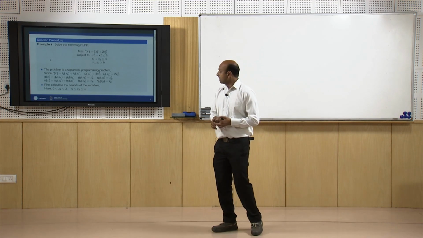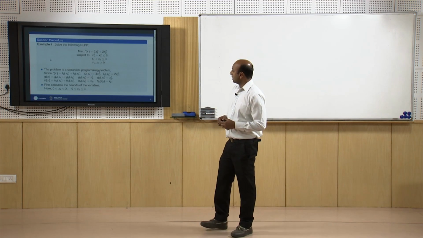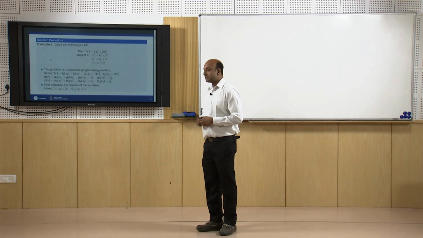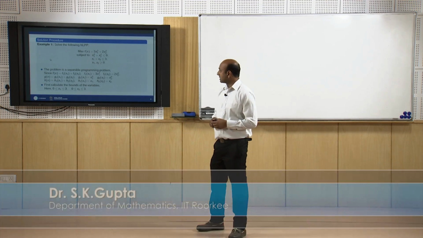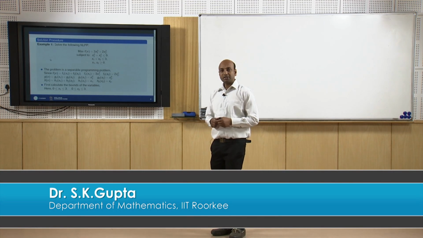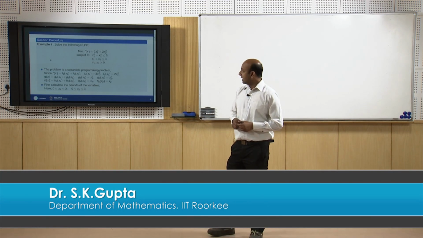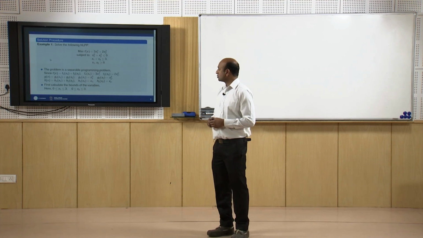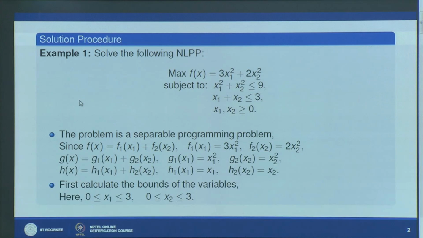Let us see. This problem, maximizing f(x) equals 3x1 square plus 2x2 square subject to x1 square plus x2 square less than or equal to 9, x1 plus x2 less than or equal to 3, and x1, x2 non-negative, is a separable programming problem, because we can quickly see that the objective function can be separated into two functions and each is a function of one variable only.